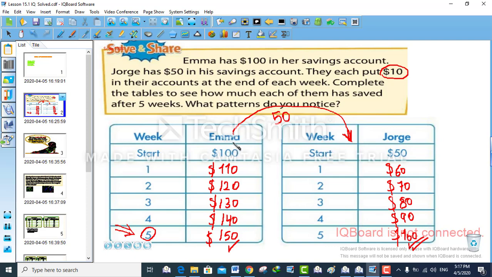Emma has more than George by $50. So the relationship between each corresponding value is that each time Emma has $50 more. You can get this easily if you subtract 100 minus 50, 110 minus 60, 120 minus 70, and so on till 150 minus 100, which is the same 50.